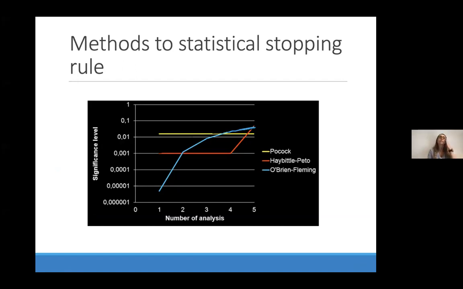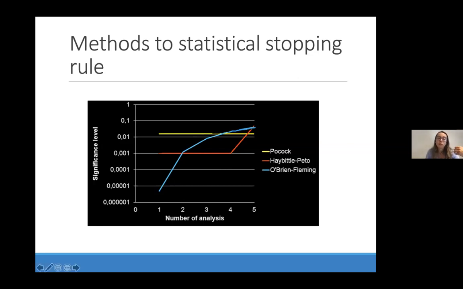So here we are thinking about two different concepts, right? Can you do an interim analysis in a superiority trial? Yes, you can. And the method always depends on your research question, right?